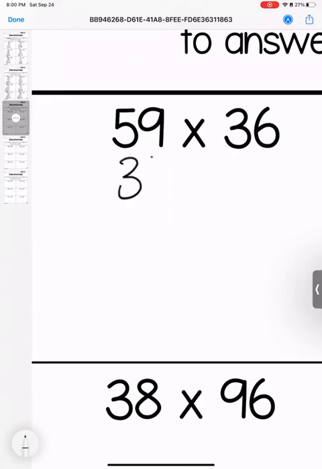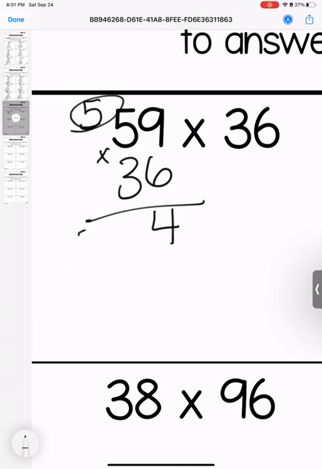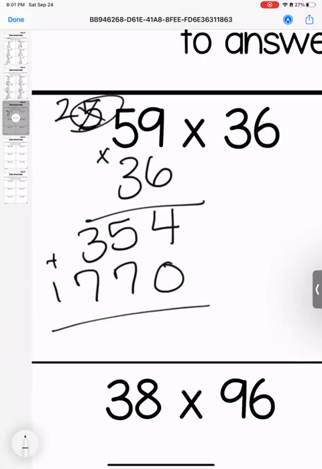59 times 36. We stack, we multiply. 9 times 6 is 54. 6 times 5 is 30. Add 5 is 35. Place saving 0 and we slide to the tens. 3 times 9 is 27. 5 times 3 is 15. Add 2 is 17. We stack.